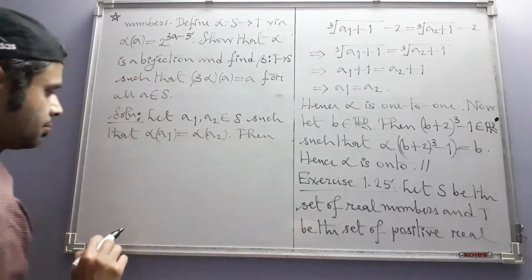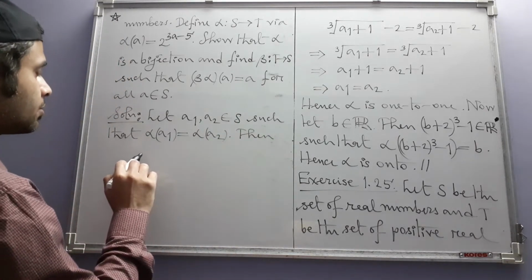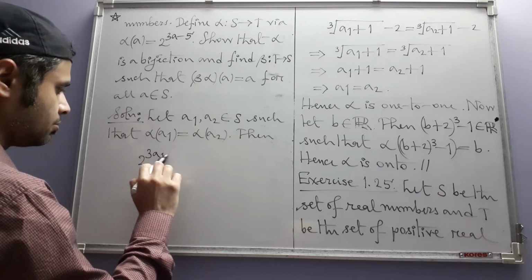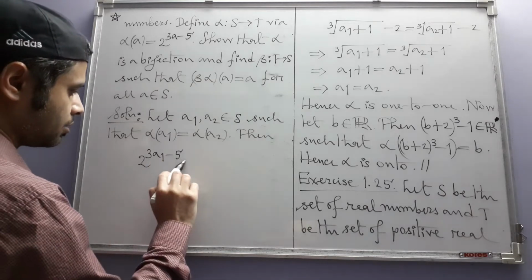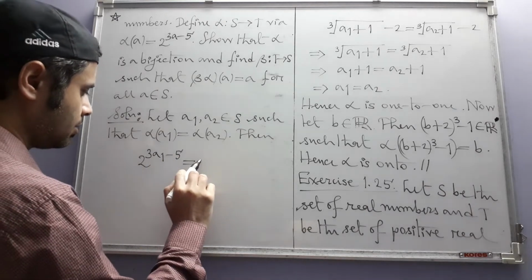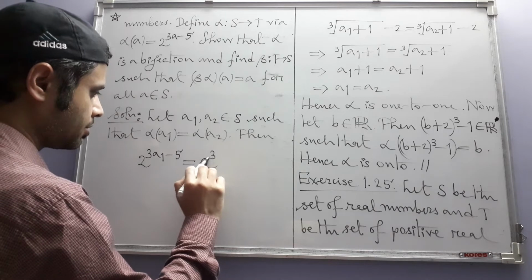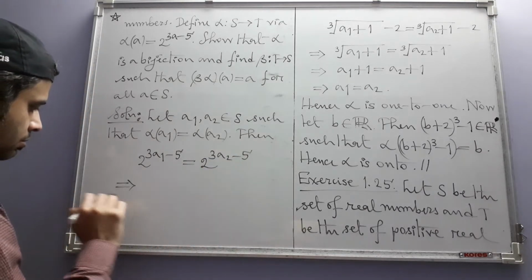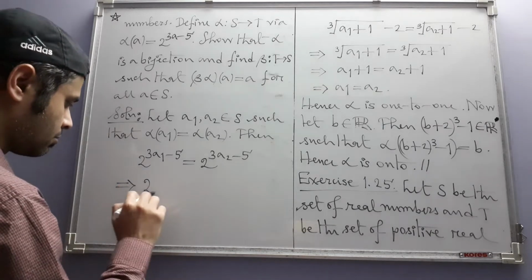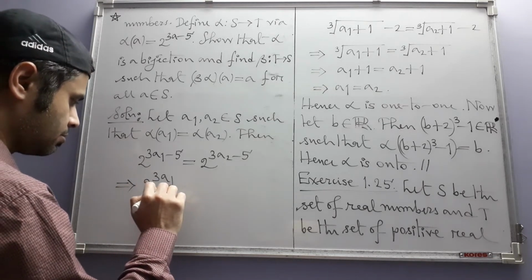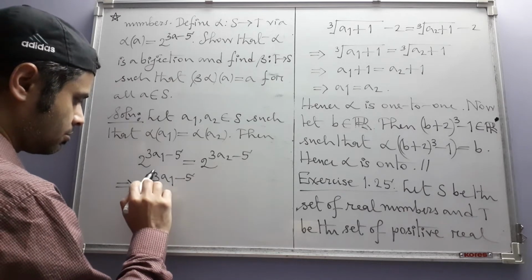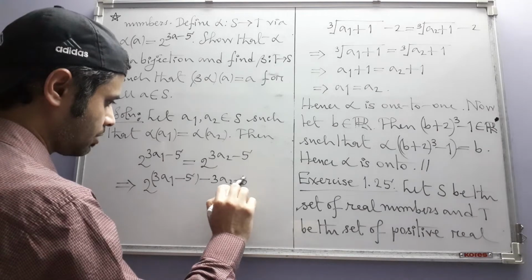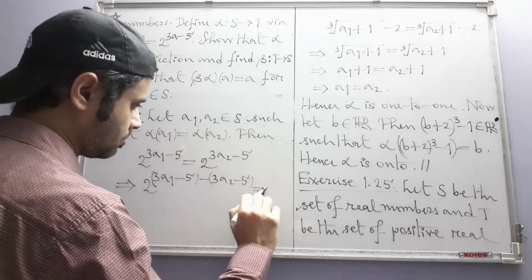Then alpha A1 means 2 to the power 3A1 minus 5, and alpha of A2 means 2 to the power 3A2 minus 5. Okay, this means 2 to the power 3A1 minus 5 divided by 2 to the power 3A2 minus 5 is equal to 1.